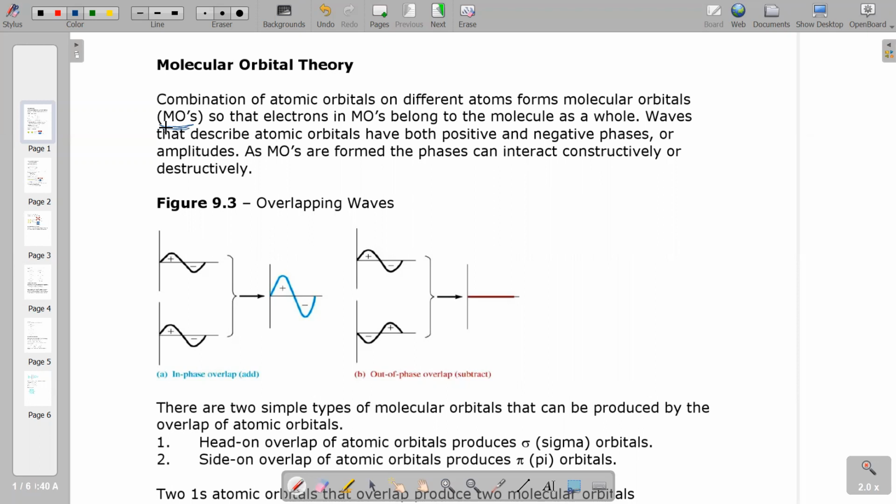They can interact constructively or destructively, just like any other wave. So we have in-phase overlap, where the wave gets bigger, and then we can get out-of-phase overlap, in which they destruct or subtract. In this case, they completely subtract, and that's something we call a node, where you have zero probability.